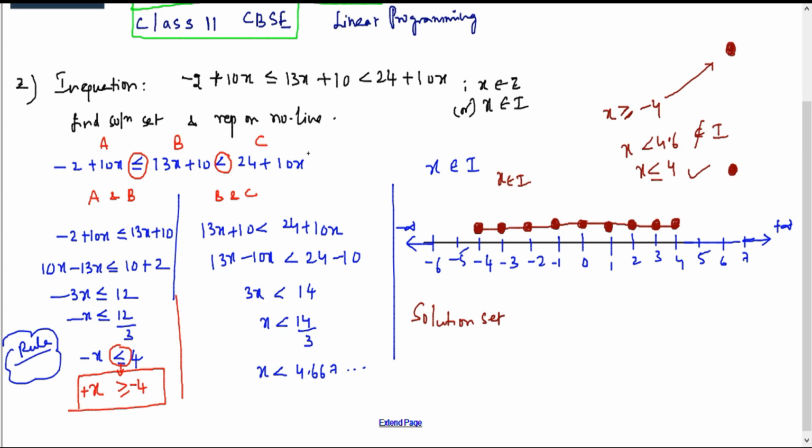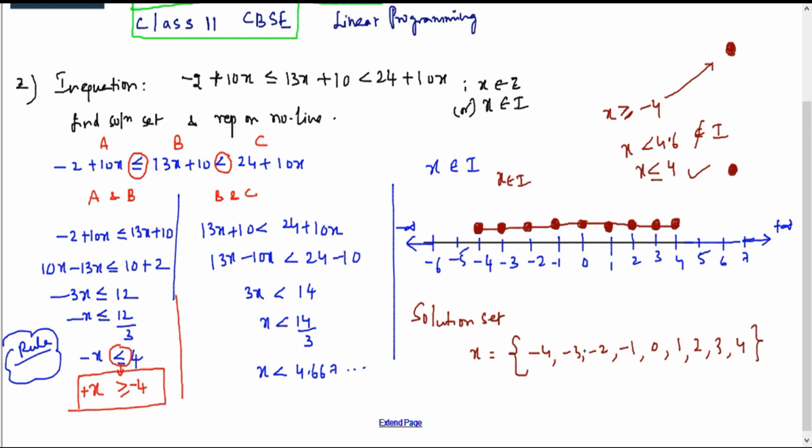The solution set for the inequation which is given is x equals, always the solution set is represented with the flower bracket. So you can say x belongs to the solution set, or simply write x equals the solution set: minus 4, minus 3, minus 2, minus 1, 0, 1, 2, 3 and 4.